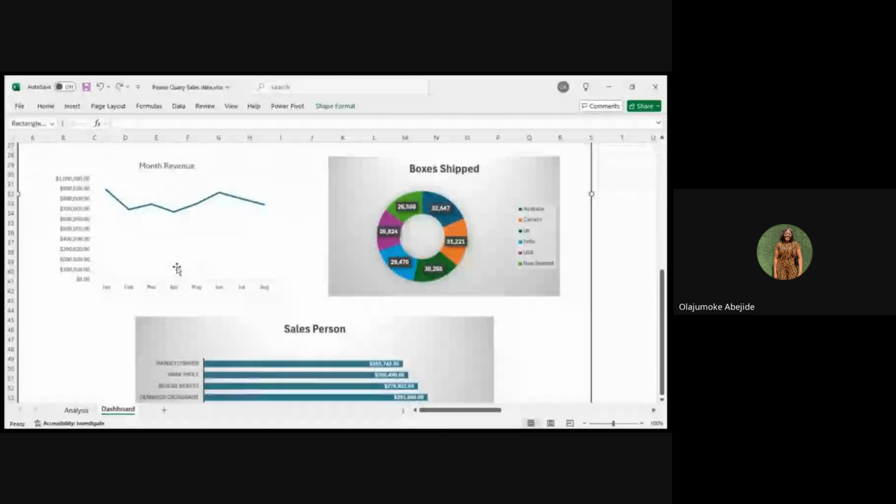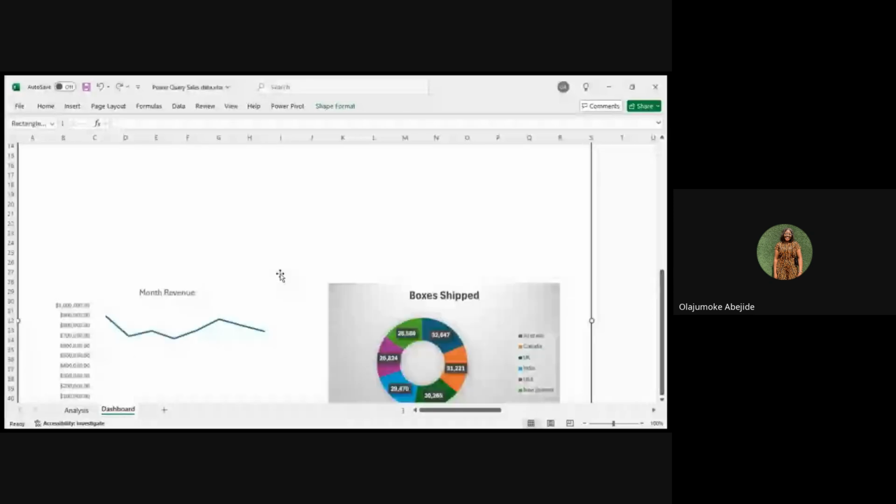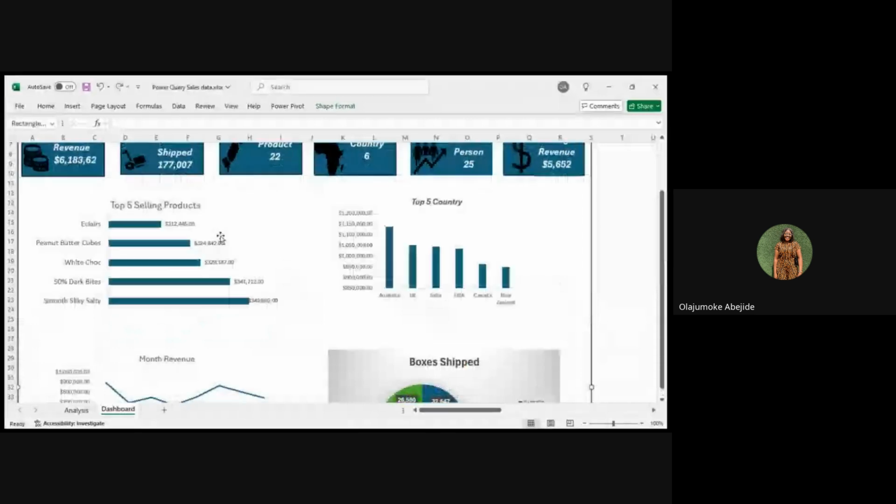And for the products, I recommend that, according to this, we have the smooth silky salty as the best selling product of the year, which means it was more requested by people for the year, while eclairs is the least.